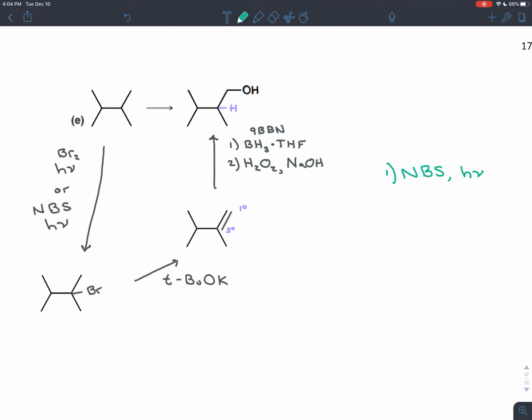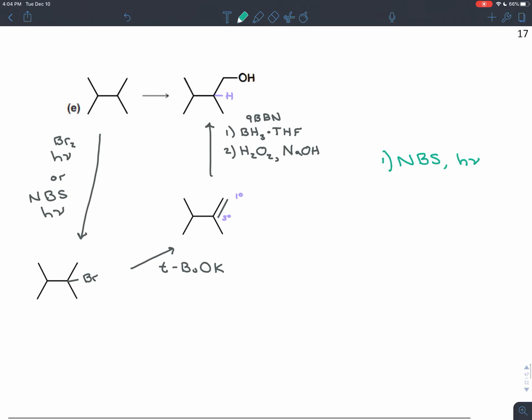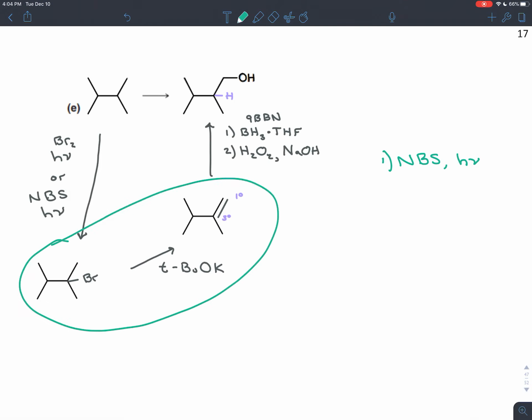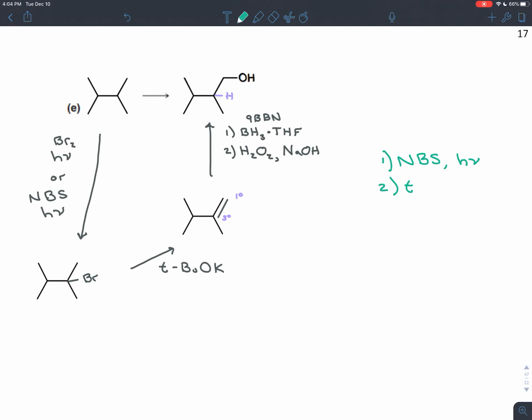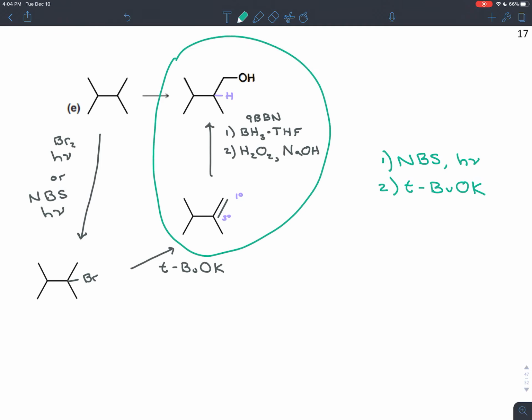That opens up elimination reactions, substitution reactions, and once you do an elimination, it opens up addition reactions, as we see in this problem. Once you have that haloalkane, you can do an elimination reaction. We wanted to get the Hofmann product, so we used a bulky base like potassium tert-butoxide. And once we have that alkene, we wanted to add the OH on the less substituted position and a hydrogen on the more substituted position.